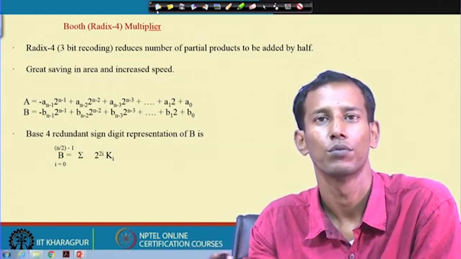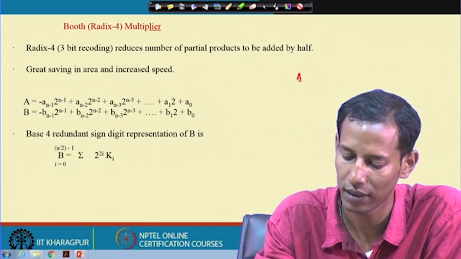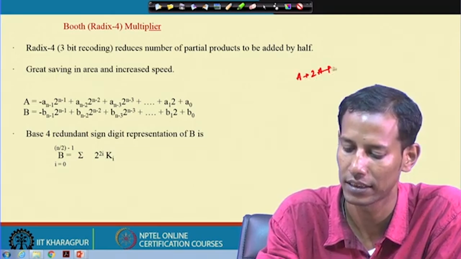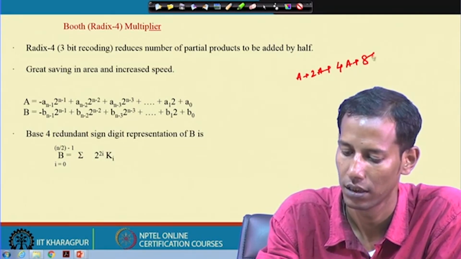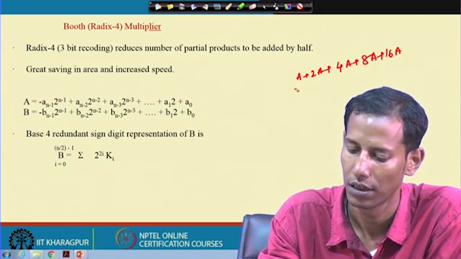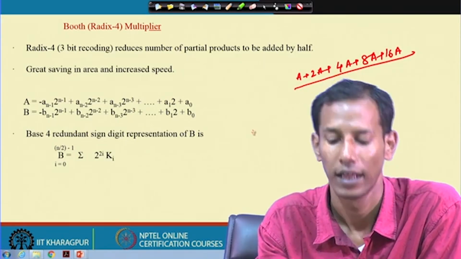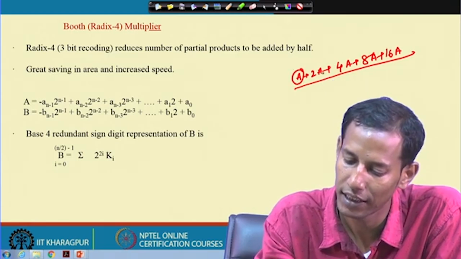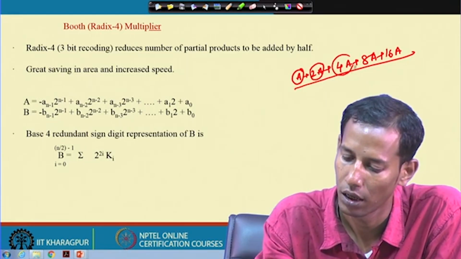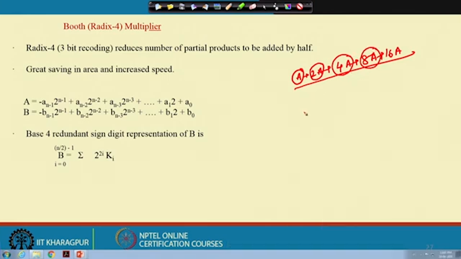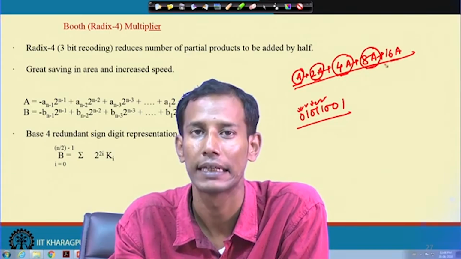What I said is that we basically add something like this, and based on the multiplicand's value, for each particular bit position, I will select the corresponding value I need to add.